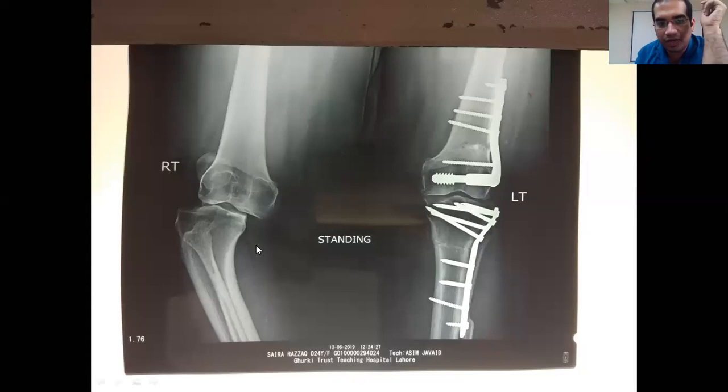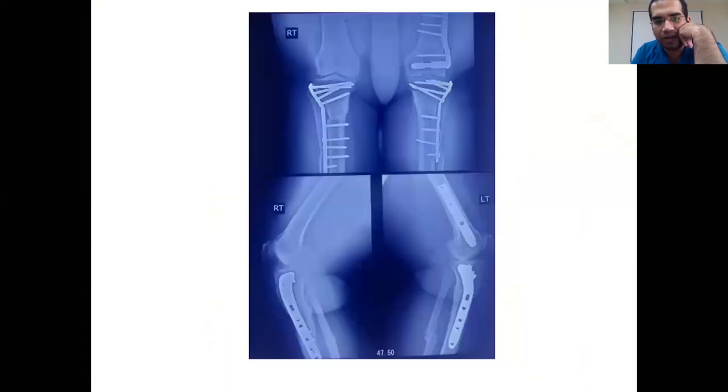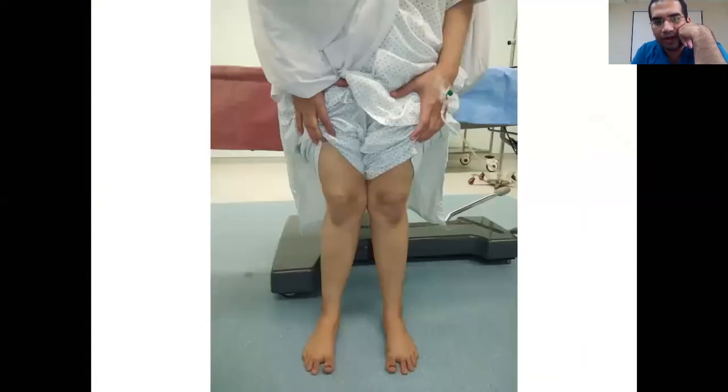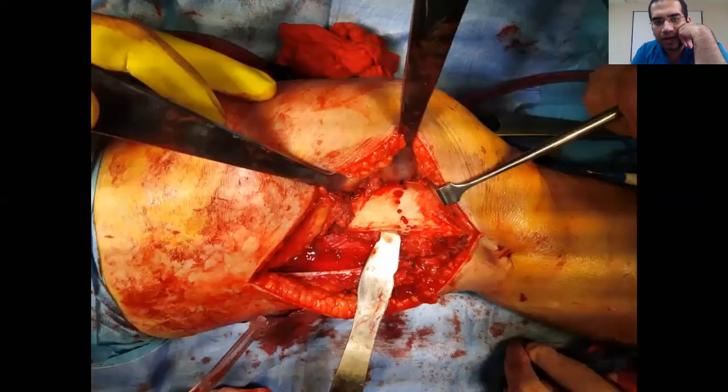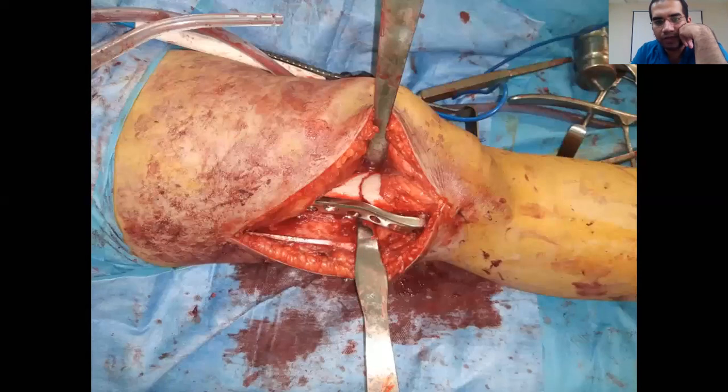Look at the condition of the other knee. Just correcting the other deformity, that there was no deformity in the femur on that side. The deformity corrected. I'm going to discuss the dome osteotomy later on. We will discuss it in our later sections, how to do a dome osteotomy and what is a focal dome osteotomy. A very nice osteotomy.